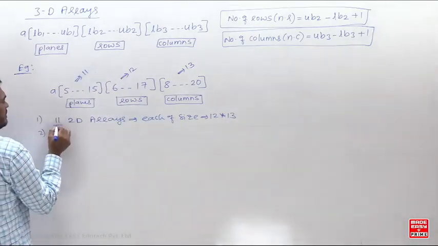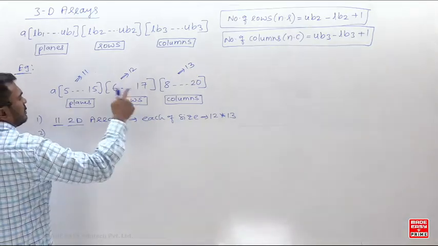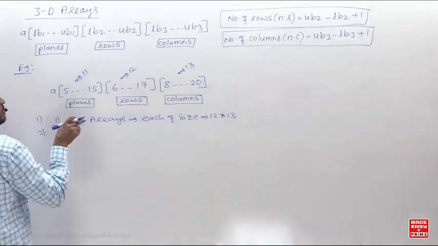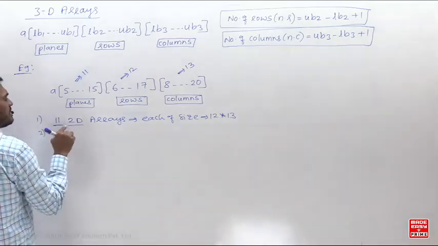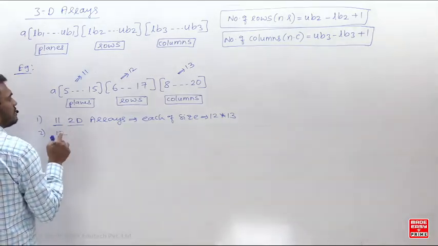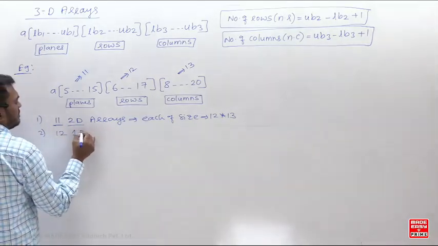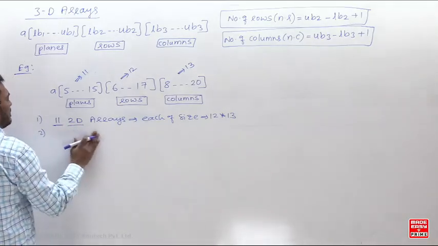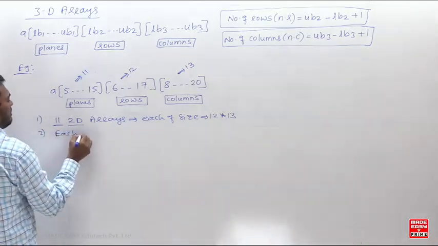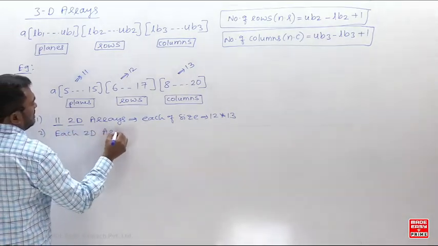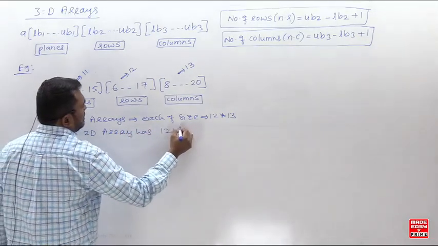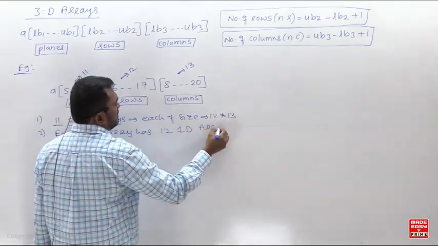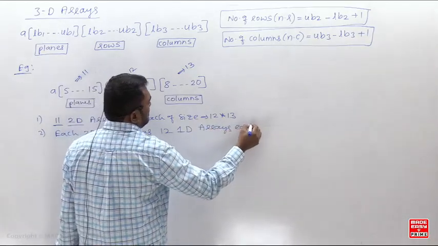And next, how many 1D arrays? Each 2D array has 12 1D arrays.